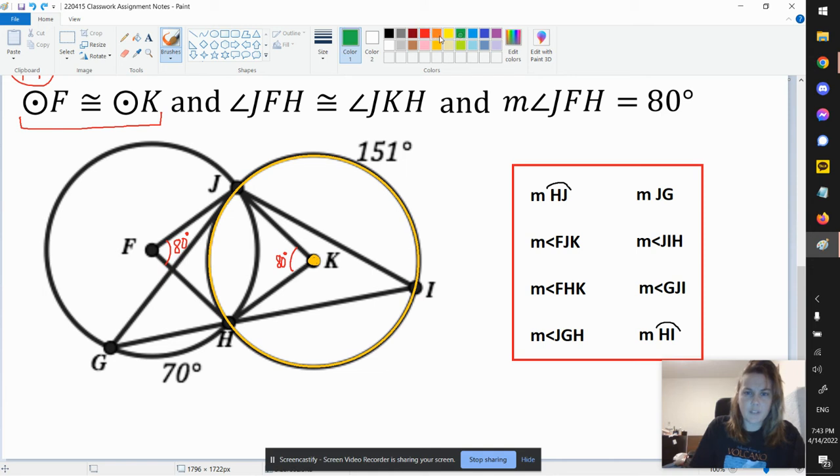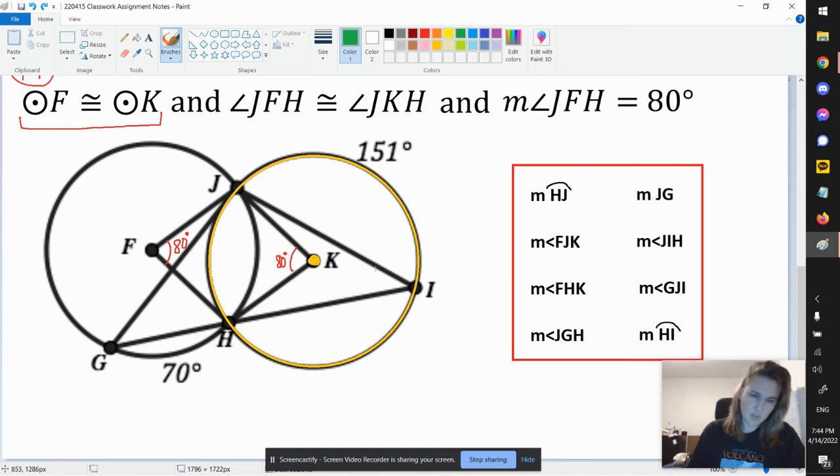When we look at this angle, it matches up with this arc. We have to decide whether this is going to be 80 or 40 based on how it's pulled back. Similarly, this arc matches up with both this angle and this angle in different ways.